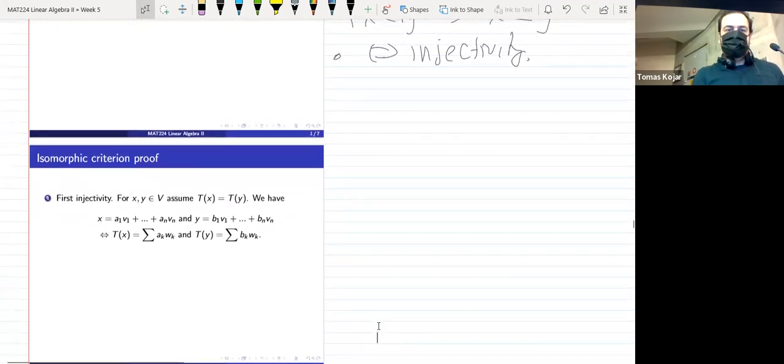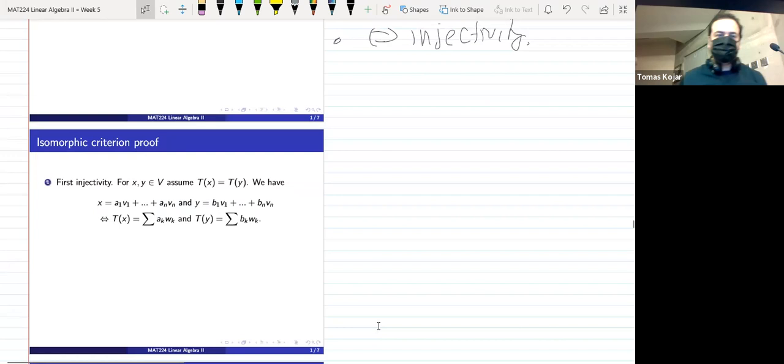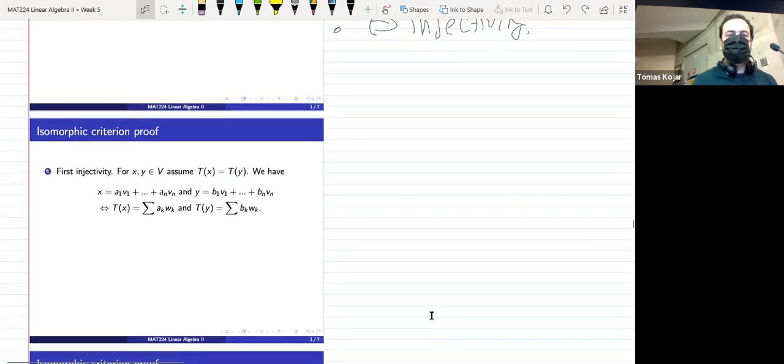So what's the trick? x and y are in V, so you write them in terms of the basis of V. Let me finish it from here. So what do we have?